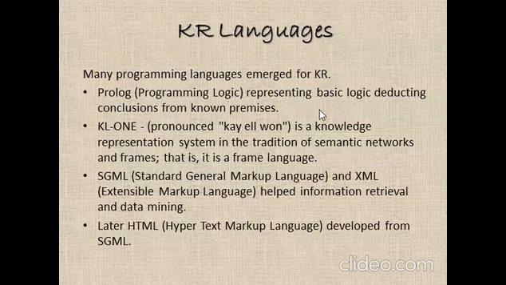Because the representation differs from one type to another, and different statements in different languages treat the values in different ways. So we have different knowledge representation languages, and there are many programming languages associated with knowledge representation.